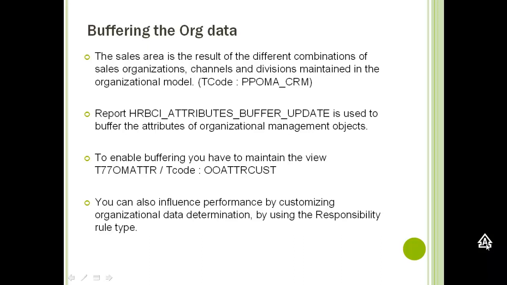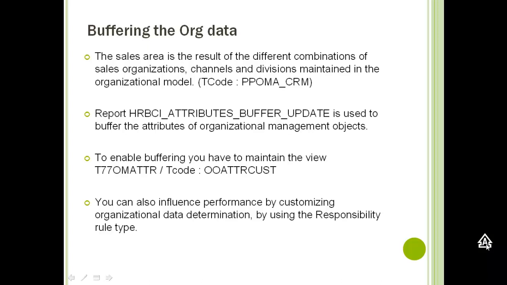So it's mandatory to execute the program HRBCI_ATTRIBUTES_BUFFER_UPDATE after you make any changes in attributes. Normally in any project scenario, this program is scheduled as a job to run after midnight.